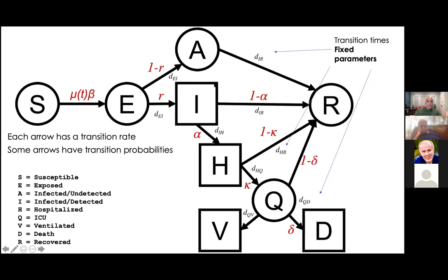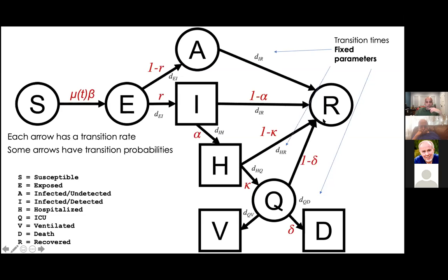The other part here is really this hospital system component where we have this infectious component. They've been tested, they enter the hospital system. This is entering hospitals, and from there they can go into this component Q, which is the ICU component. And then from that component onto death or to recovered or hospitalization.